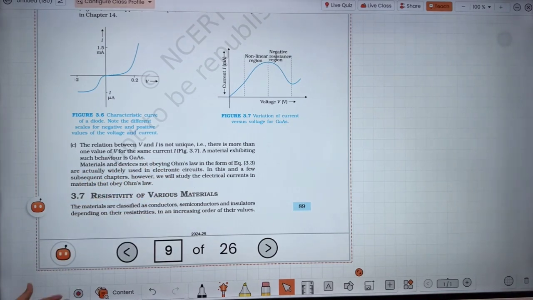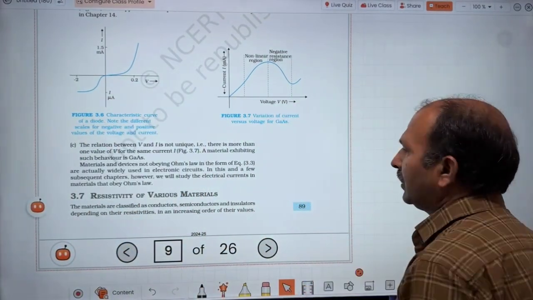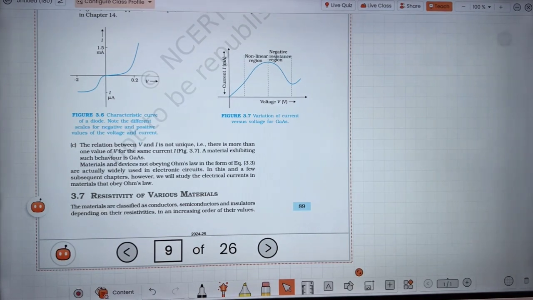In this and a few subsequent chapters, however, we will study electrical current in materials that obey Ohm's law. In case of semiconductors there will be variation, but in basic chapters there are certain chapters where there won't be any variation.